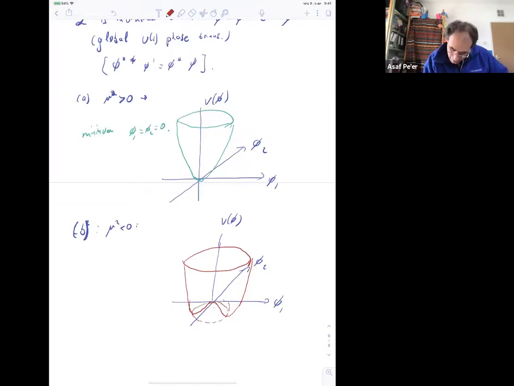What you understand from my lousy drawing, what's going on here? So it looks like a sombrero in some sense.